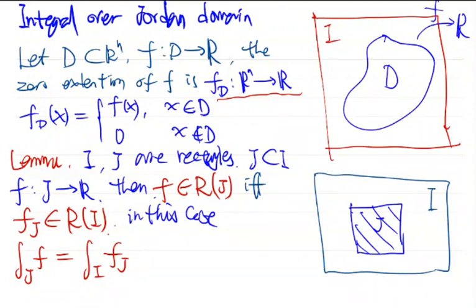So how to prove this lemma? I don't know whether I have enough space in this page. Maybe I move to the next page, so I need to draw the picture again. So this is J, this is I. Proof.